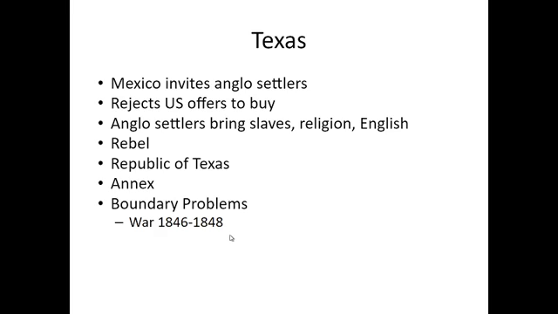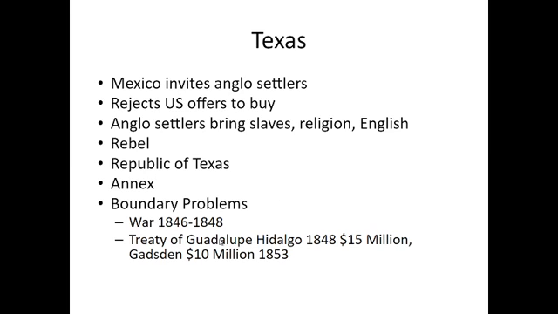Okay? So the Mexican-American War is fought from, as you can see, 1846 to 1848, and basically, Mexico loses pretty badly in this war. The U.S. was kind of itching for war and was ready for it, and they kind of kick Mexico's butt, so to speak.